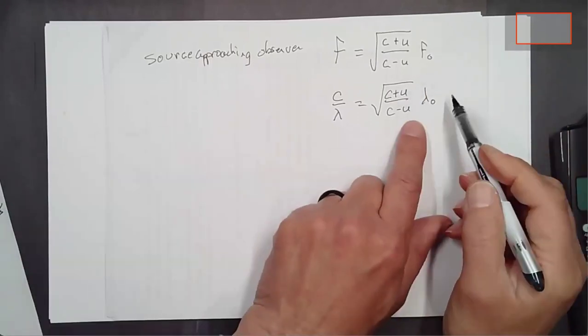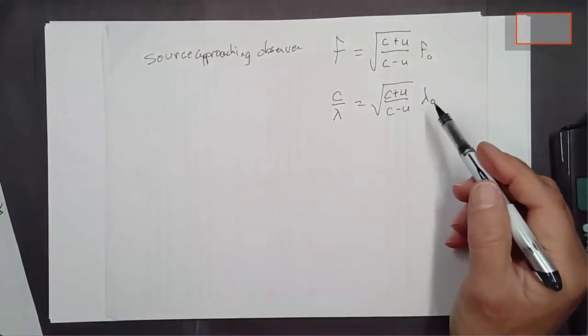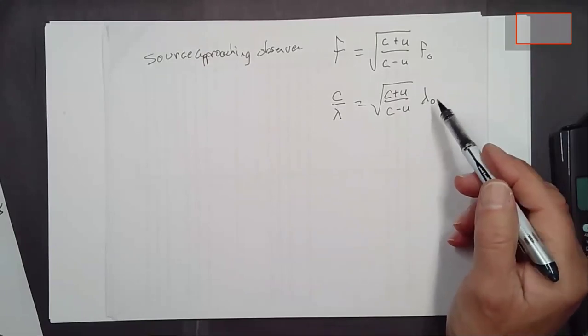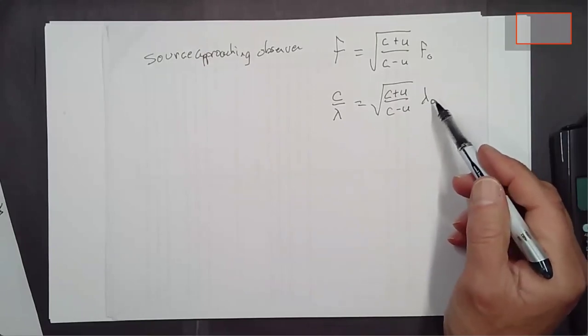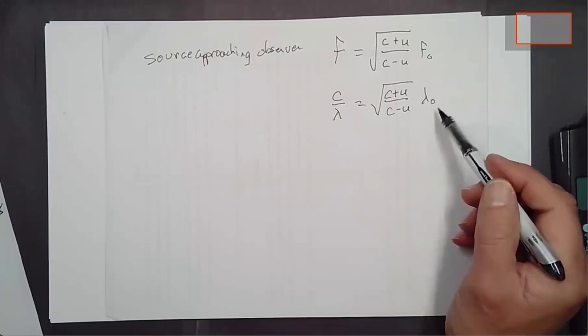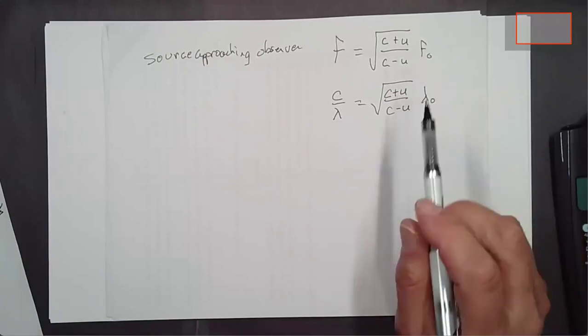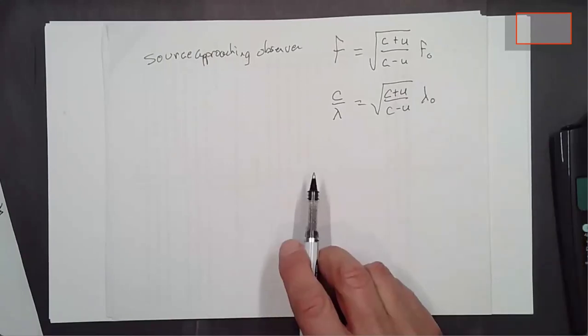Lambda naught is the proper wavelength: the light leaves the source at its laboratory, or proper, wavelength or frequency, and then it's observed at something else.